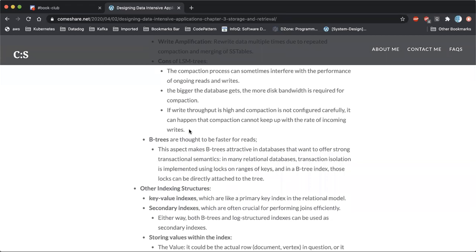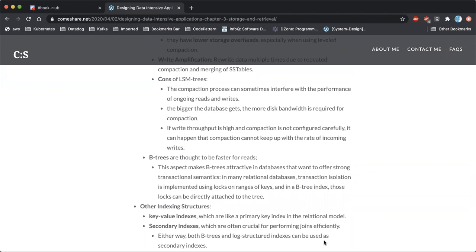He mentioned that in the third chapter itself, in the advantages of LSM. So I'll go over the notes that I have as well. On many SSDs, firmware internally uses a log-structured algorithm to turn random writes into sequential writes on the underlying storage chips. So the impact of the storage engine's write pattern is less pronounced.